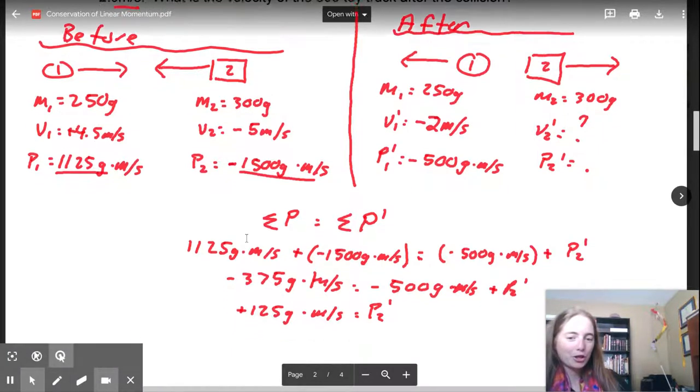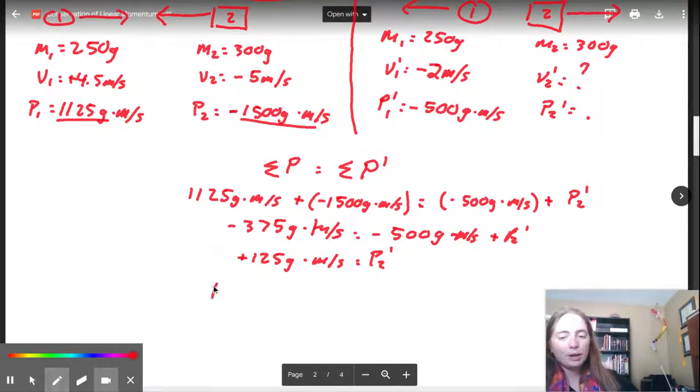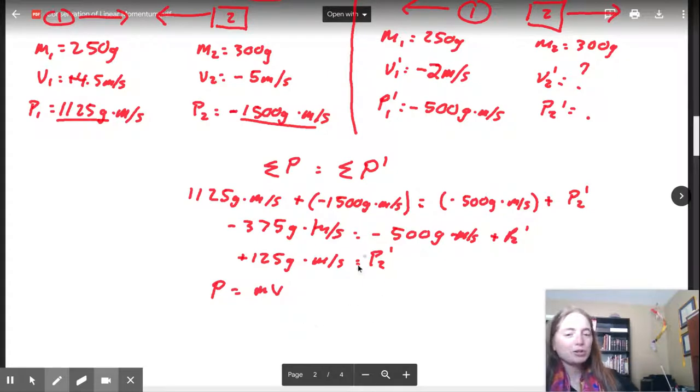Okay. So, ladies and gentlemen, we have our P2 prime. However, remember, P is equal to mv. So we need to find V2. That's what our goal is.